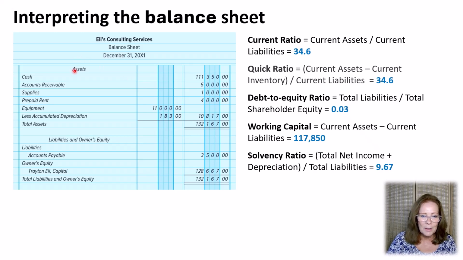Eli's current assets include cash, accounts receivable, supplies, and prepaid rent for a total of $121,350, and its current liabilities include accounts payable of $3,500 for a current ratio of 34.6, which means that the company has plenty of current assets to meet its current obligations.